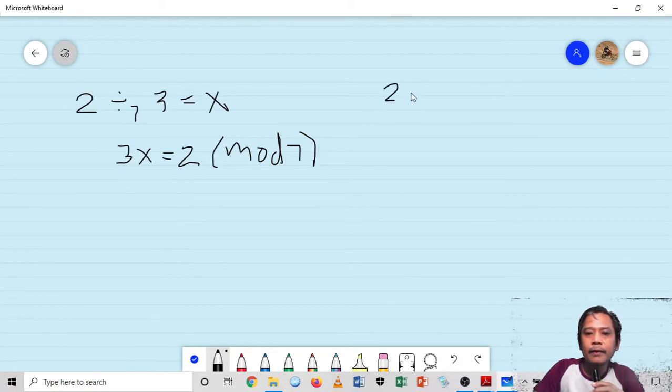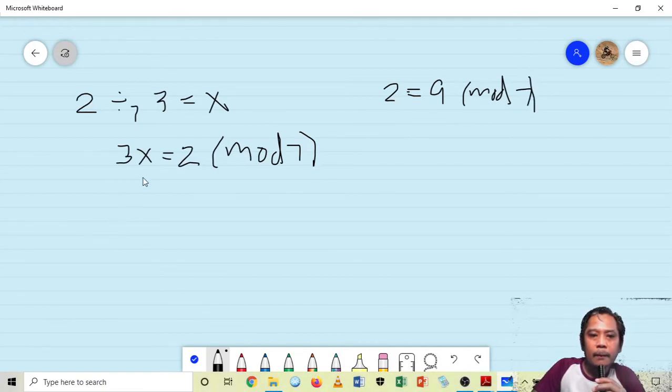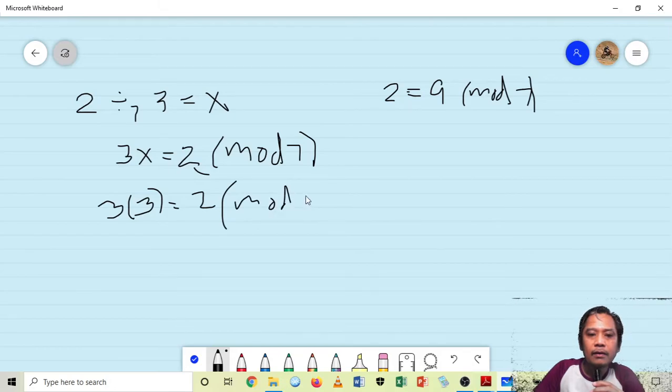But 2 is the same as 9 in modulo 7. 9 is already a multiple of 3. 9 is just 3 times 3. So we have 3 times 3 equal to 2 in modulo 7.